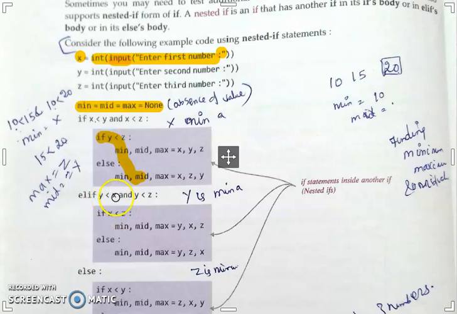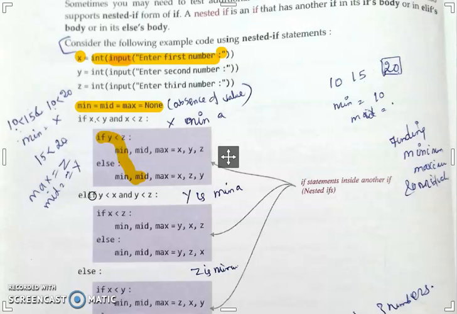In this case I will again check only the two values, x and z, to see which contains the maximum value. Suppose this condition also fails, that means I can explicitly say that z contains the minimum value.